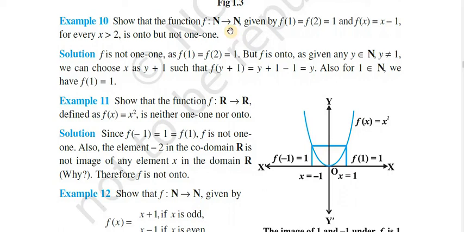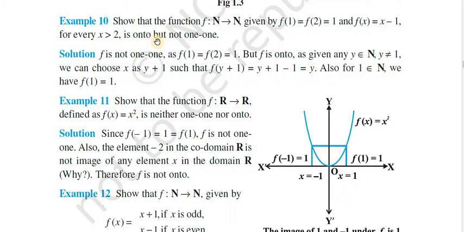So you just see this question, example number 10. Our function is from N to N. What is the function? It is given by f(1) = f(2) = 1, and f(x) = x - 1 for every x greater than 2.